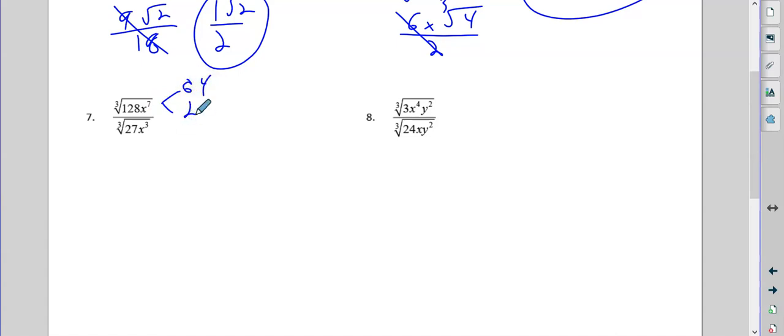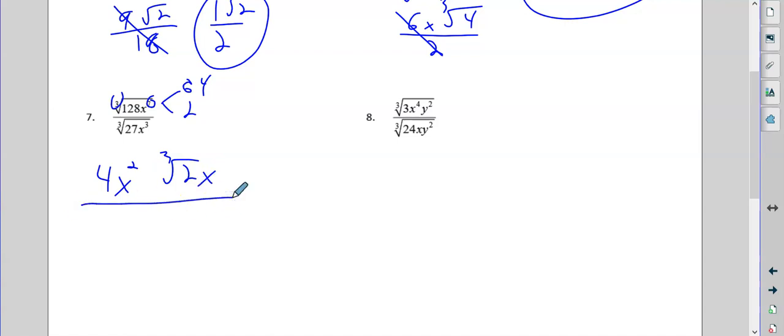Okay? So what do we have on the top? The cube root of 64 is 4. And then I have a cube root of 2. And then 7 divided by 3 means 2 groups can come out, leaving 1 inside. 2 times 3 is 6 plus 1 is 7. There is the top simplified.